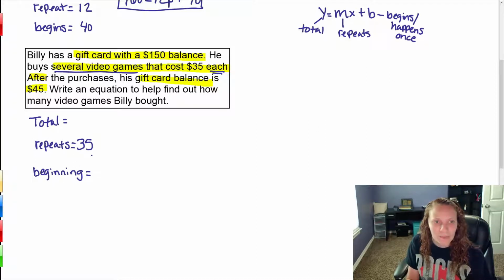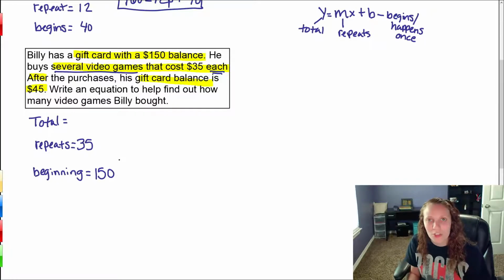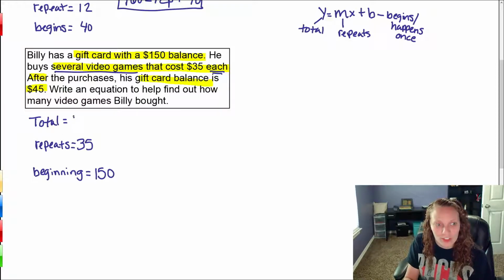The beginning number, his gift card started with a $150 balance. When you get a gift card for Christmas or your birthday, that's how much you're beginning with or starting with. Now, after he spent his money on video games, his gift card balance ended up with only $45, and that's actually our total here.